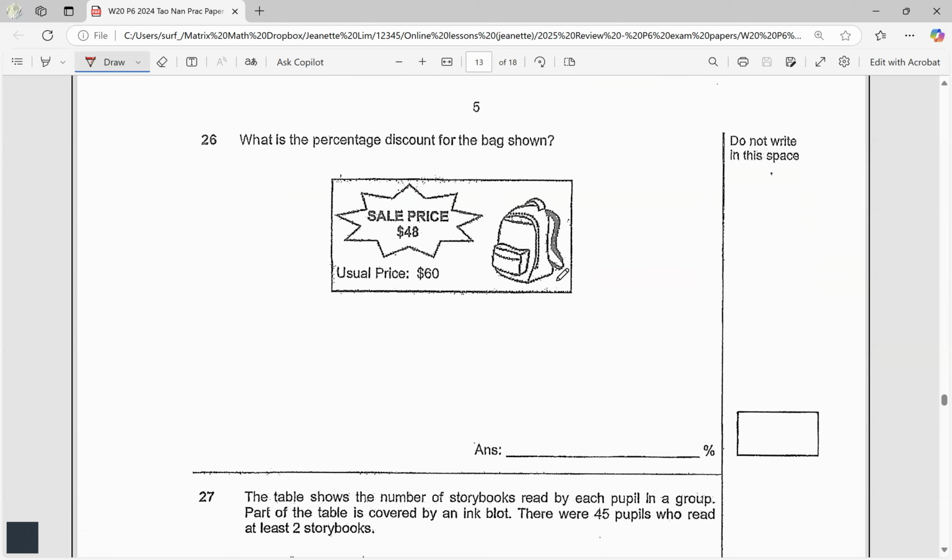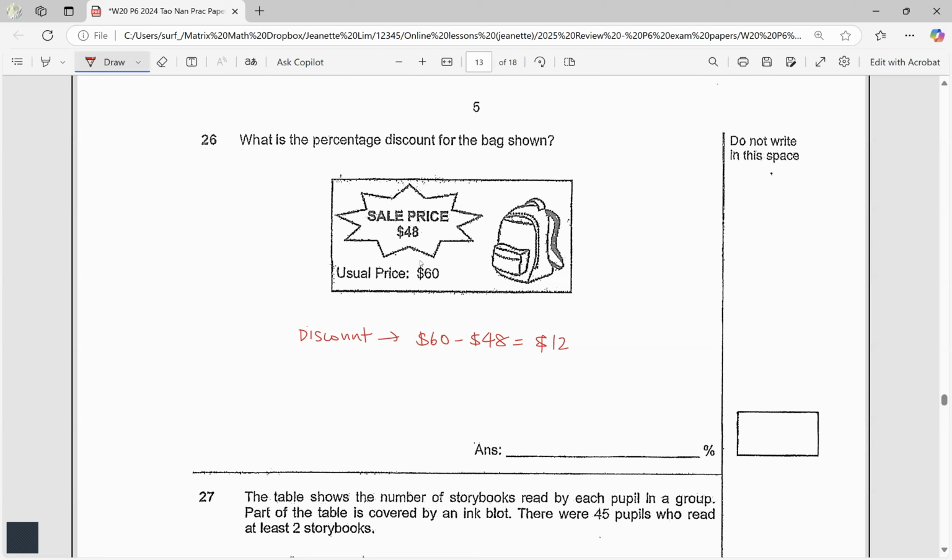Next one, what is the percentage discount for the bag shown? We are given the usual price 60, but there's a discount, so you only pay 48. Discount is the amount that you save. So 60 minus 48, you save $12, but we are trying to find the percentage discount.